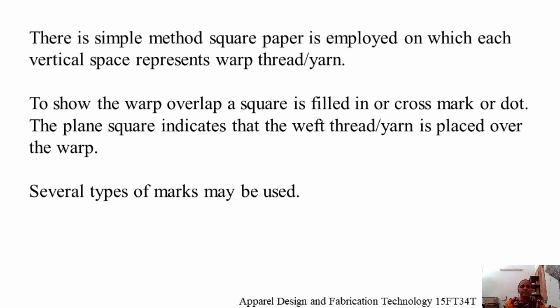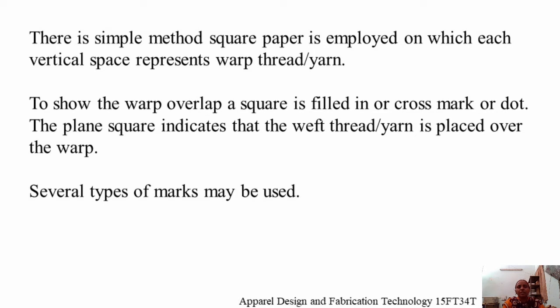It is a simple method: square paper is employed, on which each vertical space represents a warp thread. To show the warp overlap, a square is filled in, or a cross mark or dot is used.